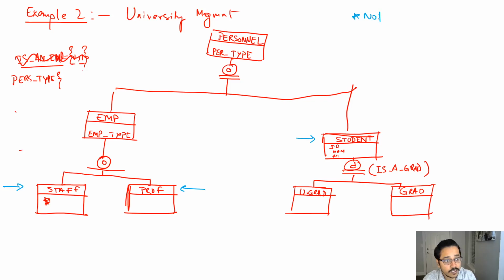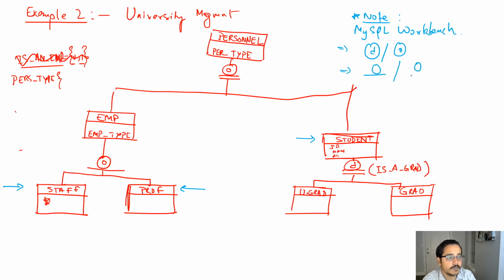So a quick note here. In MySQL Workbench, you won't have the notations of disjoint/overlap and then partial or complete. These are not present.